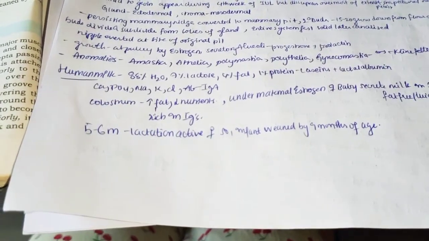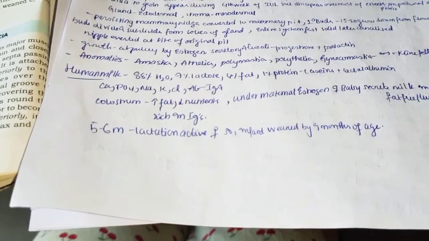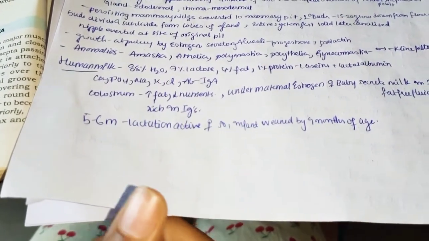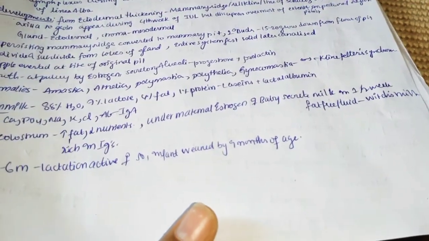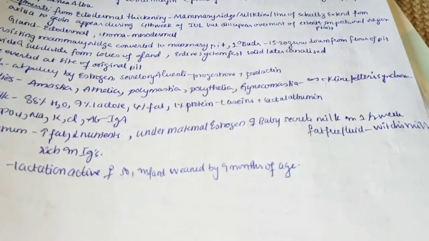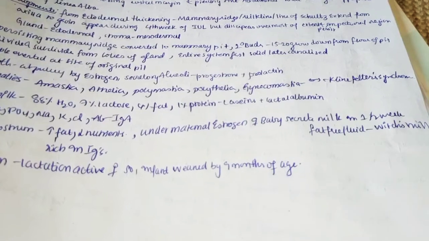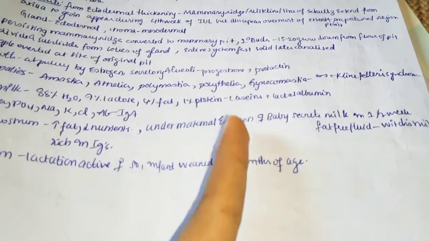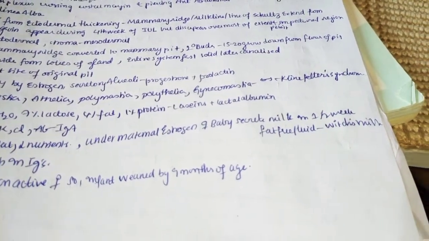The milk which is formed for the baby is called colostrum, and it's mainly high in fat, rich in immunoglobulins, whereas the nutrients are somewhat low. And under the maternal estrogen, the female baby secretes milk. Always we think that only the mother forms the milk, but if the baby is female, she is also going to produce milk by means of the mother's estrogen hormone, especially in the first or second week.